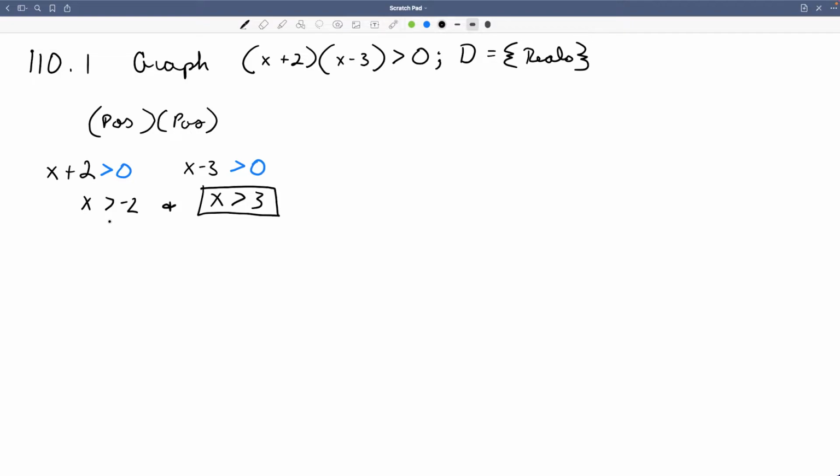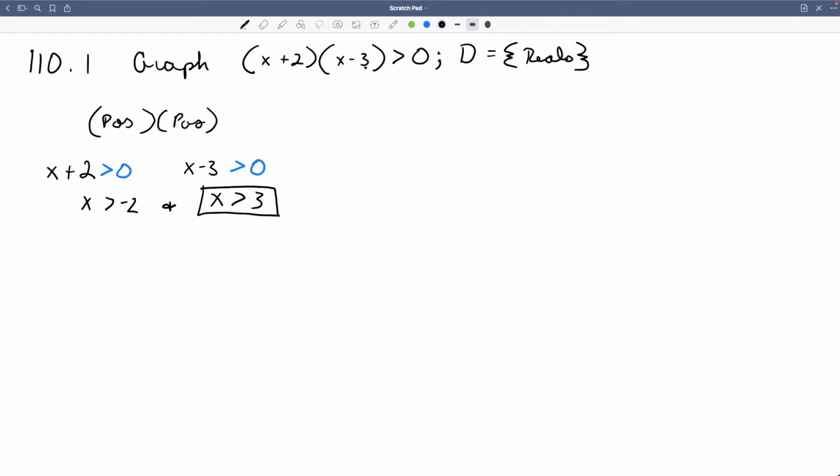All right. The reason for that is when you sub it back in, if I were to put in 4 plus 2 here, I would get 6. 4 minus 3 here, I would get 1. So positive 6 times a positive 1 is a positive 6, which is greater than 0. But if I were to use a positive 1 from this side, I would go back and sub it in. 1 plus 2 is 3, that's positive 3.